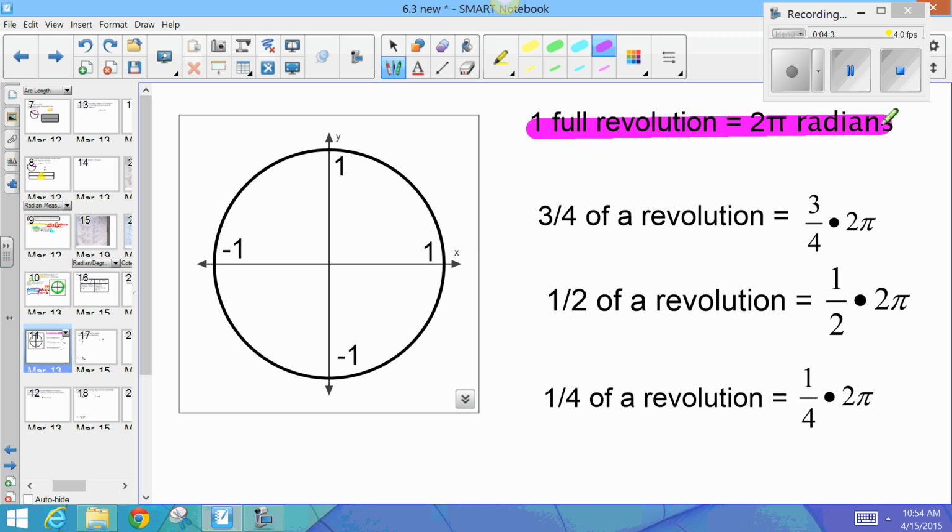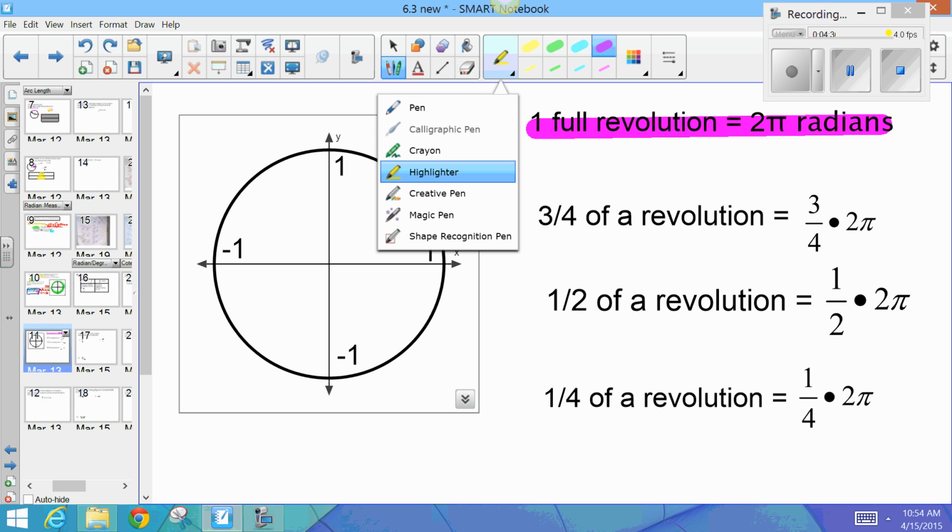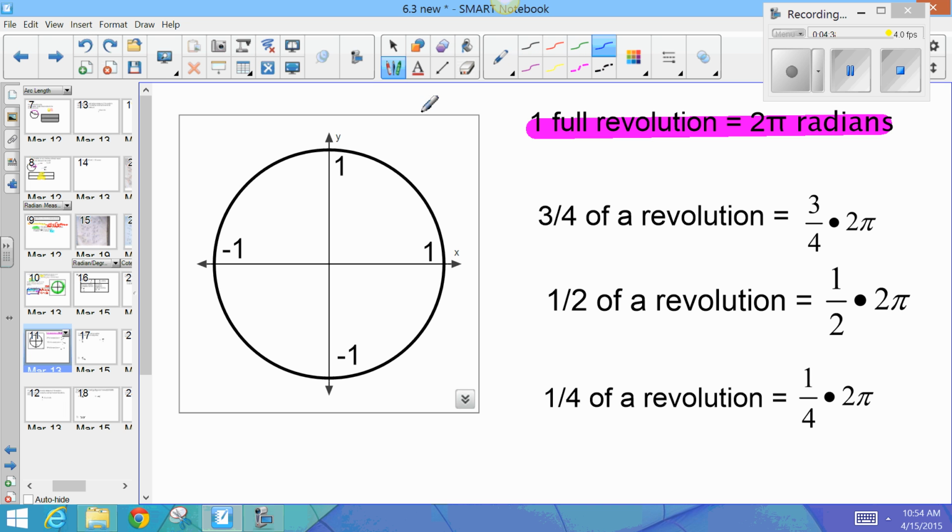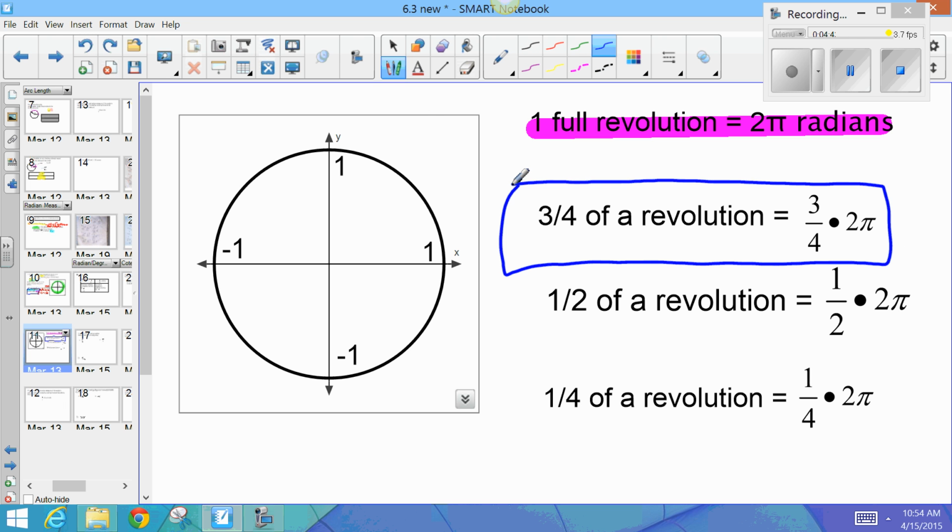Now I'm going to do some calculations, and we're going to show you some of these other angles. So how about 3/4 of a revolution? First of all, let's look at what that angle looks like. Remember, in standard position, we've got the vertex of the angle on the origin, the initial ray on the positive x-axis, and then the angle is going to rotate counterclockwise.